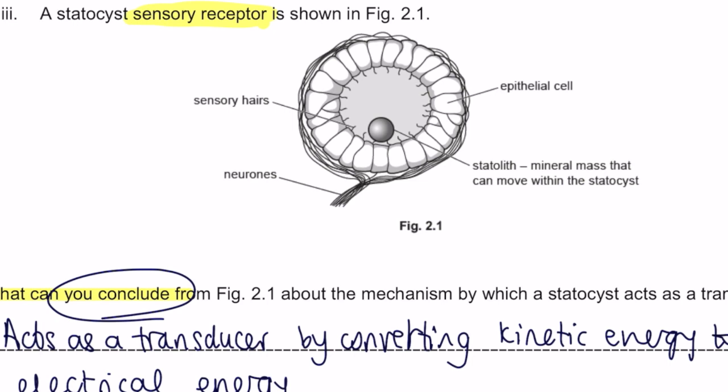When it moves around, it's going to be touching the sensory hairs. Well then I'm going to think to myself, what's the consequence of that? It would be that it moves the sensory hairs, because of course it's not going to stay rigid. It's not going to stand up straight. It's going to bend and move around.